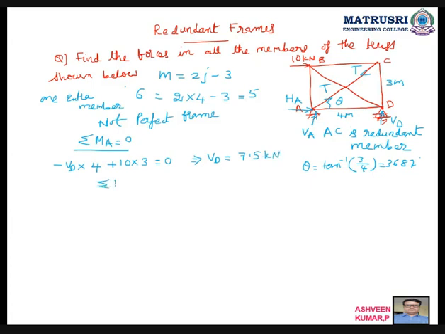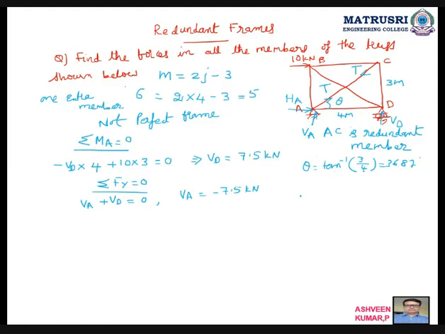Then I'll go for sigma Fy is equal to 0. There are no vertical loads here, so nothing is there. So VA plus VD is equal to 0. Then VA is equal to minus 7.5 kilonewton.